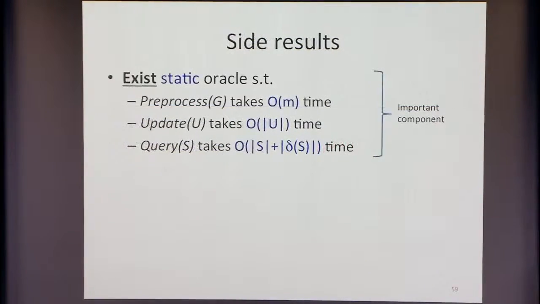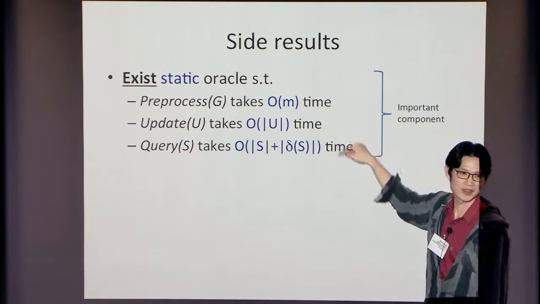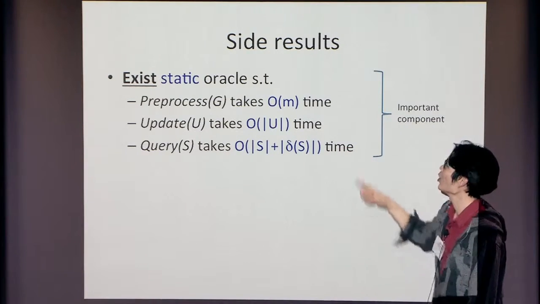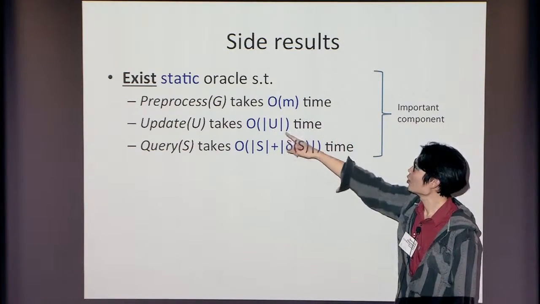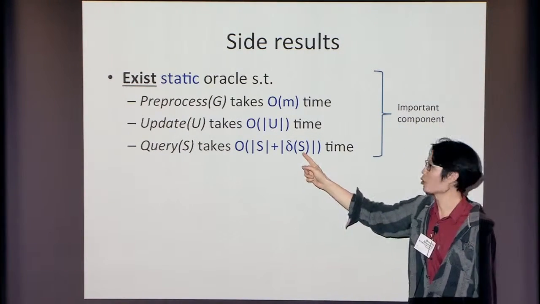And there are some side results as well. So first of all, as I said, even the static setting, so far, we are not aware of anyone saying anything about a static oracle. So what we found is you can get everything the best possible for a static case. So O(m) time for preprocessing, O(u) time for update time, and this S plus delta S for query.